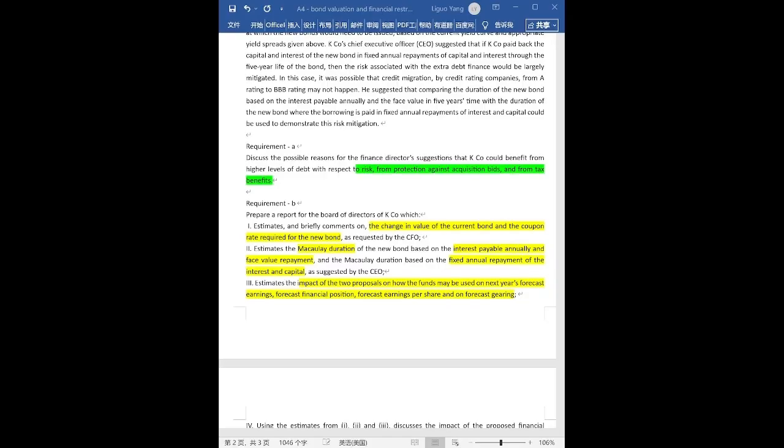In this case, it is the new issuance of the bonds of $1,320 million that can bring to the company. Okay, thank you.